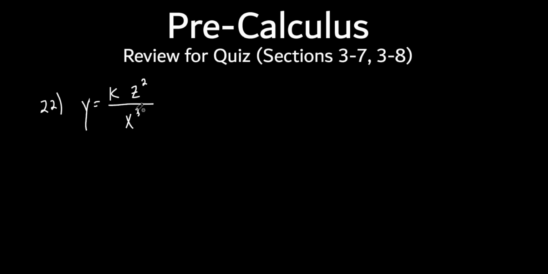And now they tell you if y is equal to -6, x is equal to 3, and z is equal to 9. So that's the information they give us. What we want to find is y.